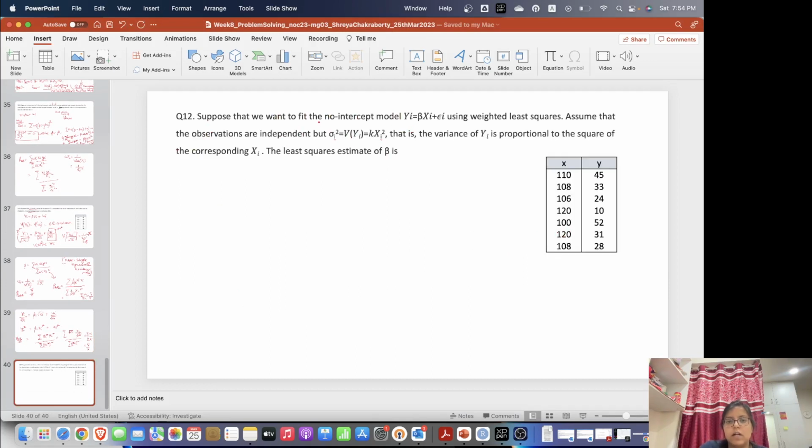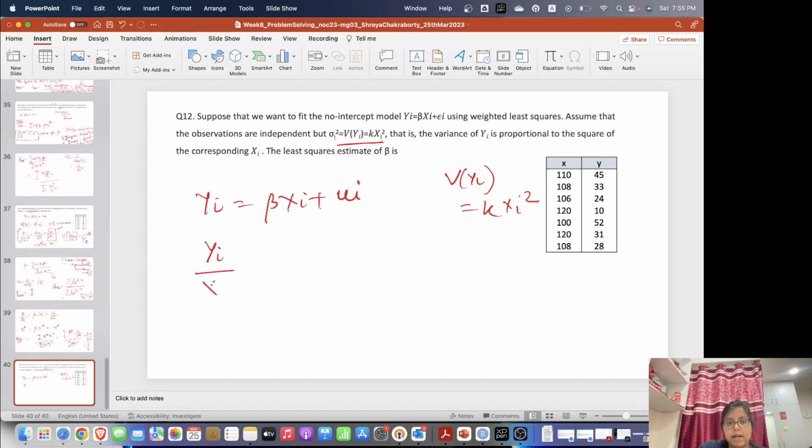Okay. So again, in this context, if we have variance of yi equal to k into xi square, then we are going to divide by xi.